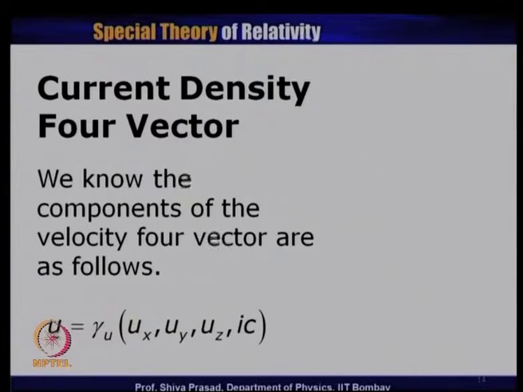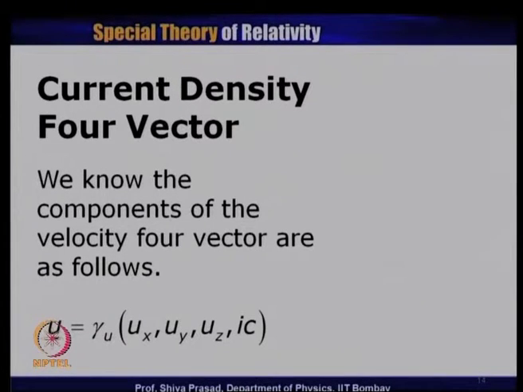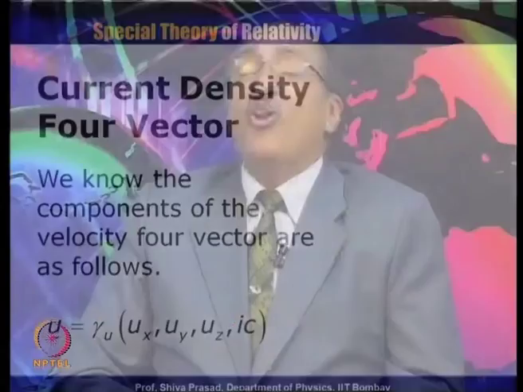Now I am in a position to define the current density 4 vector. If you remember, in one of our earlier lectures we talked about the velocity 4 vector. We said that ux, uy, uz are not the components of the velocity 4 vector.